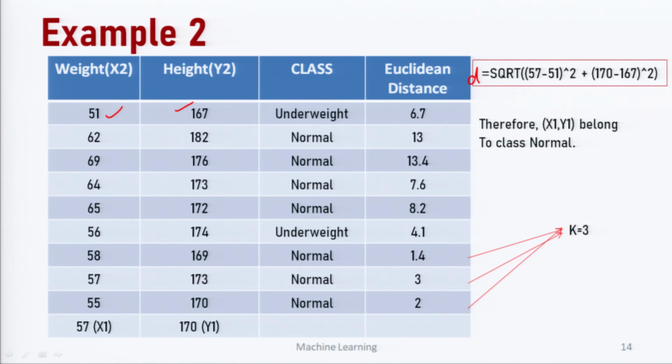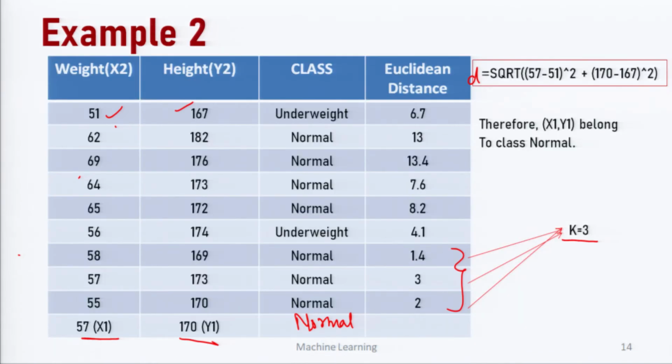Since there are 10 samples, the root of 10 will decide the value of k, and here we have got k as 3. Now, the top 3 will be selected, and the majority shows that the new entrant, as per the height and weight, is normal, coming under the normal weight category.